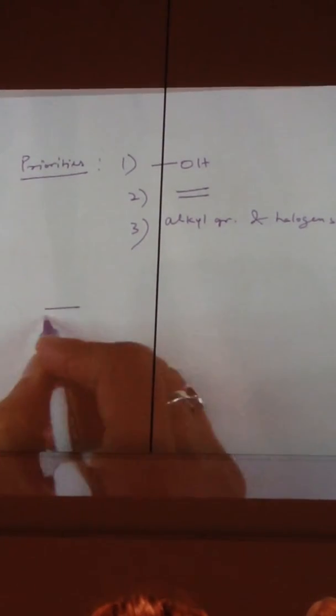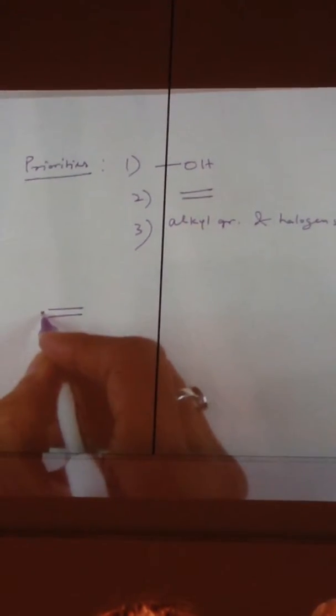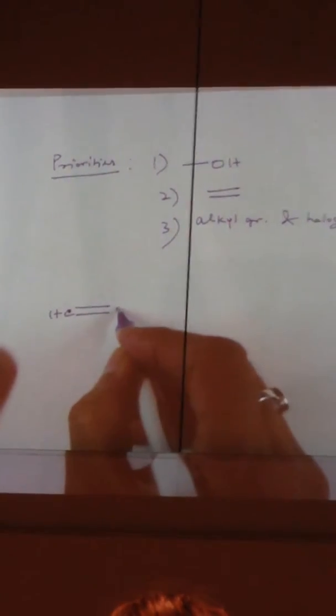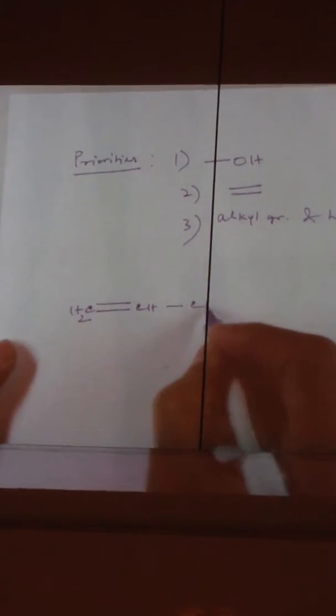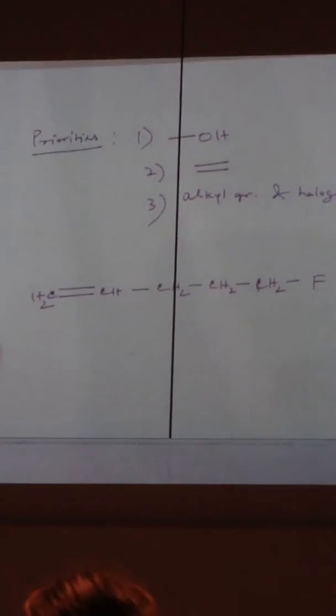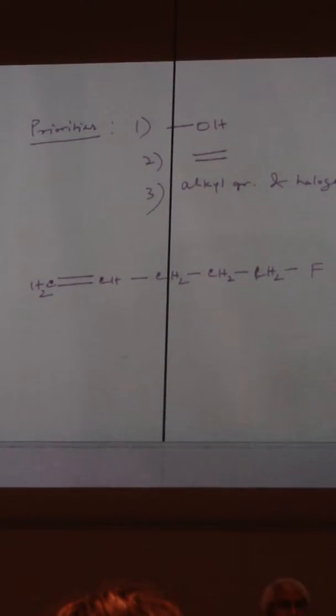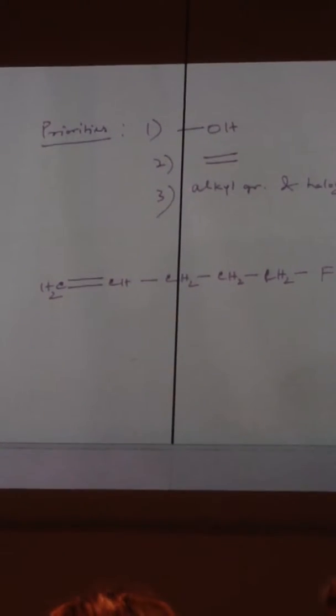In other words, if we make up a molecule like this, in this case, of course, we've got to start counting from this side and not this side, because the halogens have a lower ranking here.